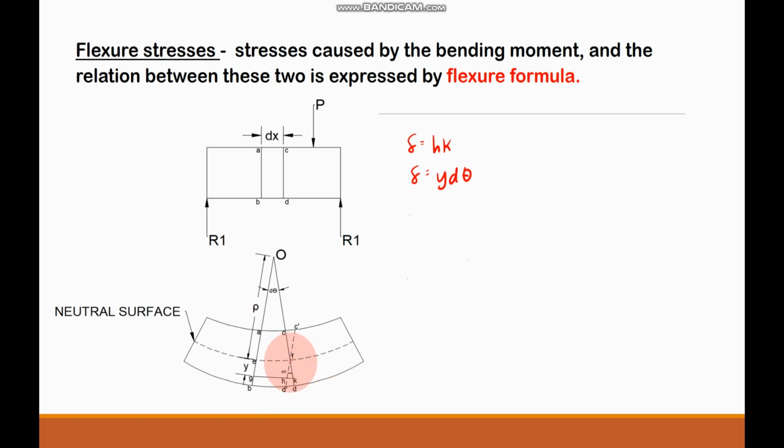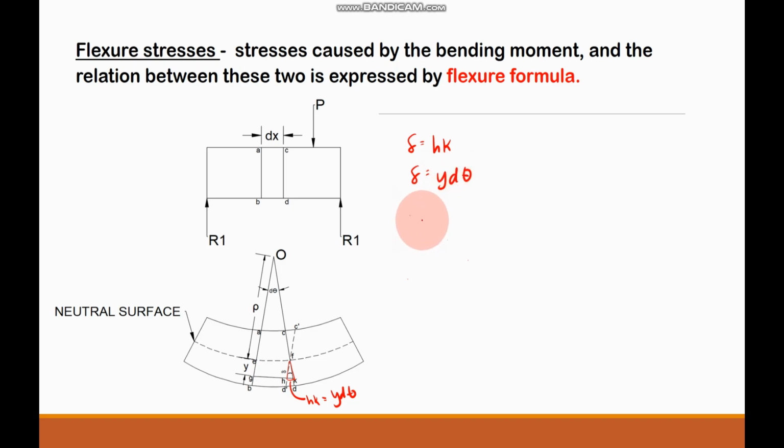So, yung y is equal to our, or yung ating deformation is equal to y d theta. So, ito yung kinoconsider natin na arc. Tama? So, kung kukunin natin yung value ng ating HK, it is equal to y of d theta. Kaya, ito na yun.